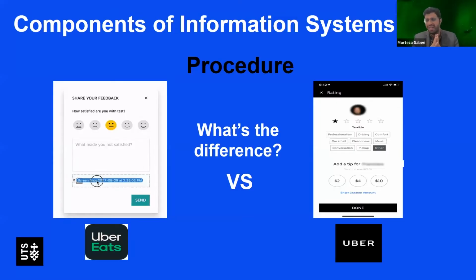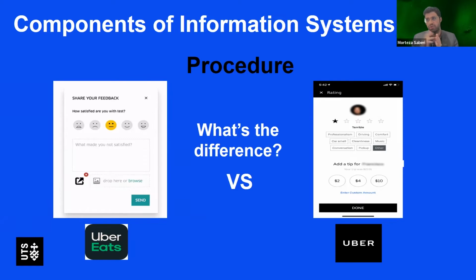So let's look at some examples. And I would like to ask all of you to think and try to reflect on these questions. I'm sure that you guys use Uber and Uber Eats if you are a foodie person. So think, what is the difference between the rating mechanism in Uber and Uber Eats?